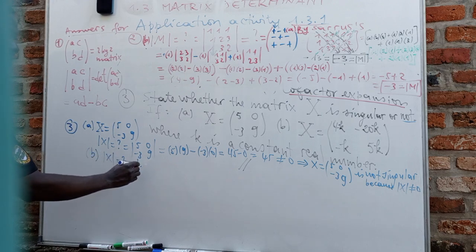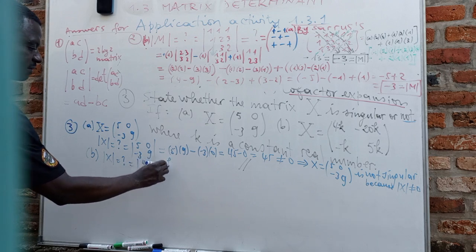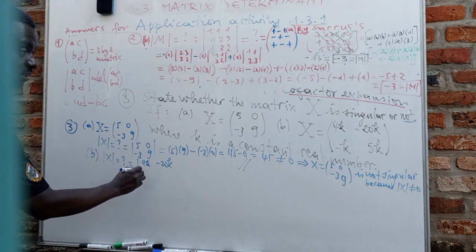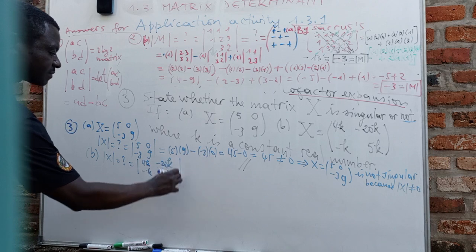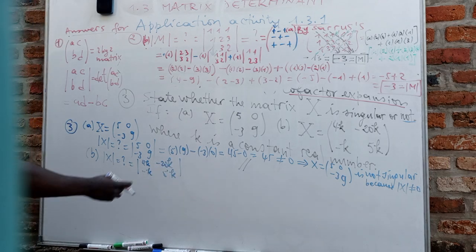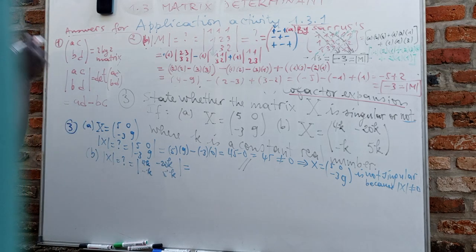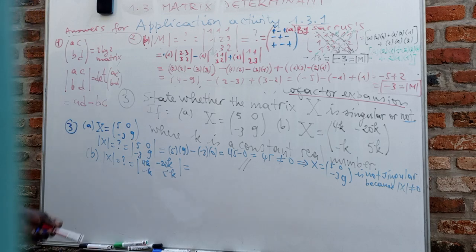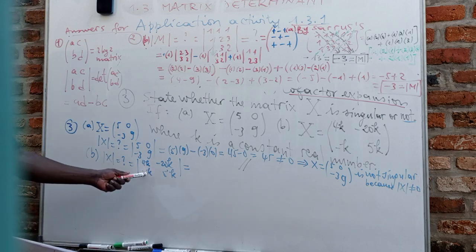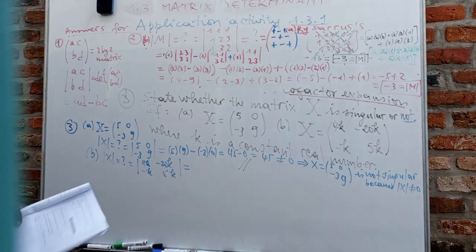It is going to be the matrix with first row 4k, negative 20k, and second row negative k, 5k. By using properties of matrices, I can multiply the second row by negative 4 to get the first row.